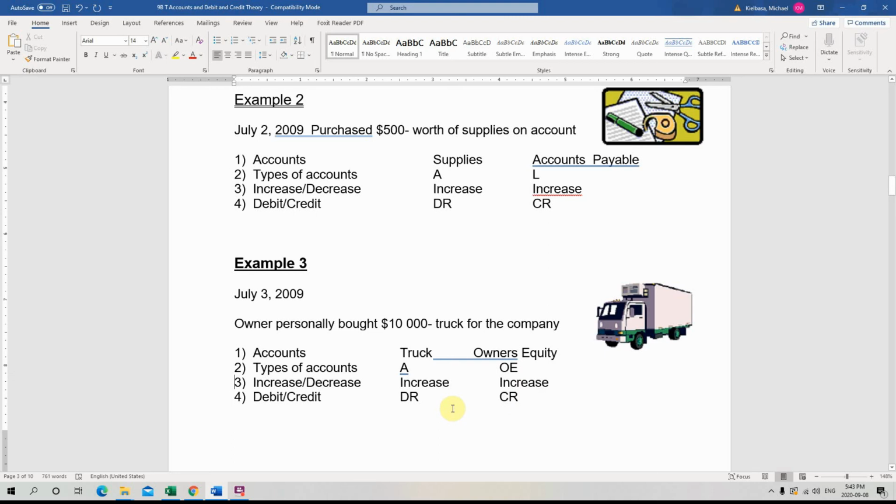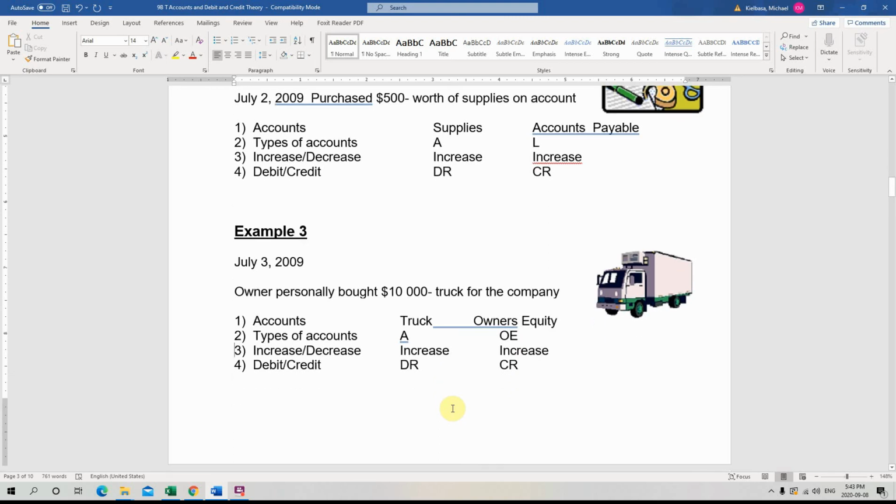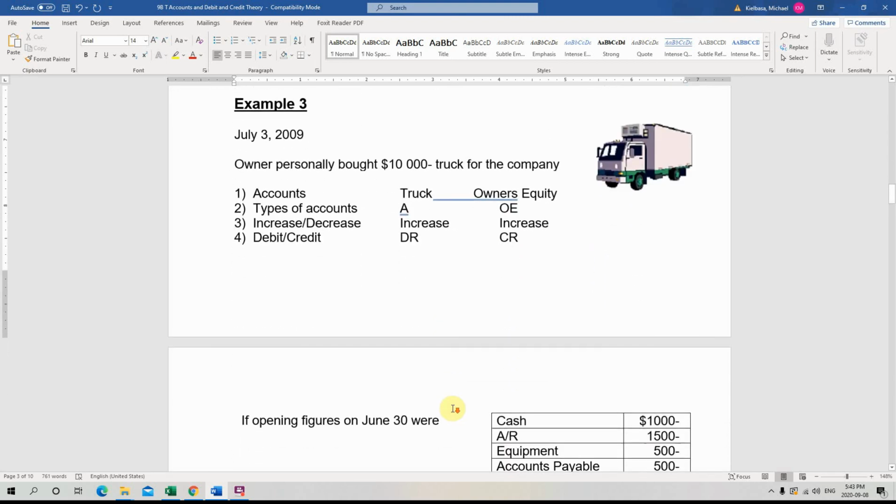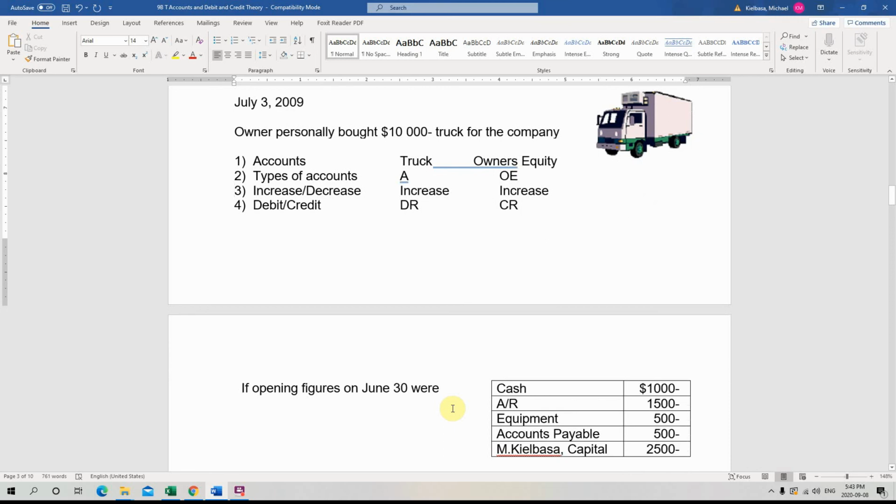All right, so what we're going to do is we're going to put all this together. Now, we're going to start off with opening balances. So these will be given to you in a balance sheet at the beginning of the question. And what you're going to do is you are going to put these opening balances in.